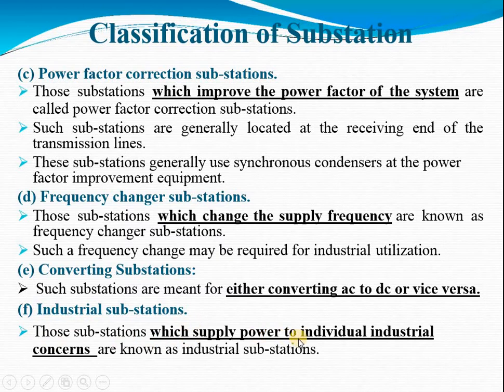Those substations which supply power to individual electrical industrial concerns are known as industrial substations. You might have visited an industry or a company. In the premises, they have their own setup for conversion of electrical energy from high voltage to low voltage. That is called an industrial substation.